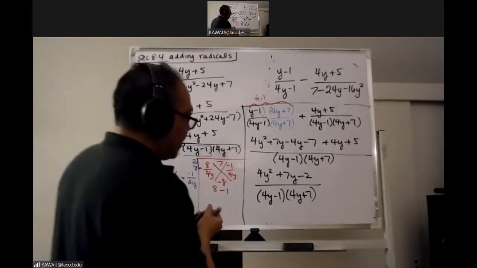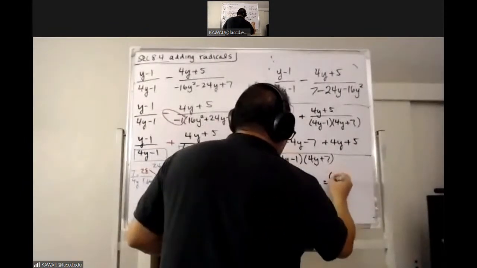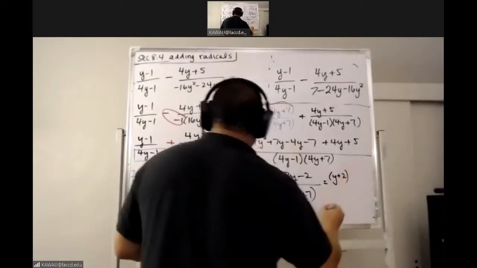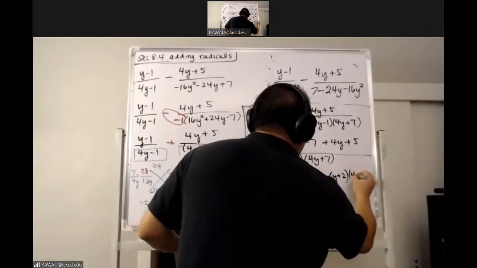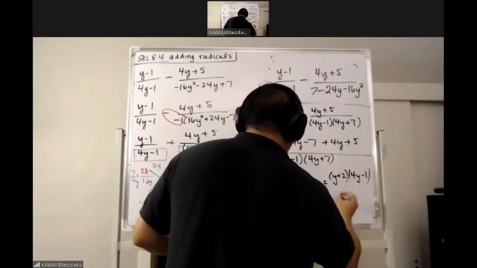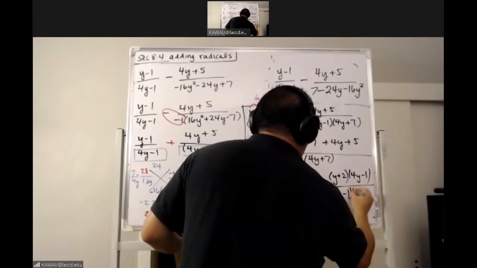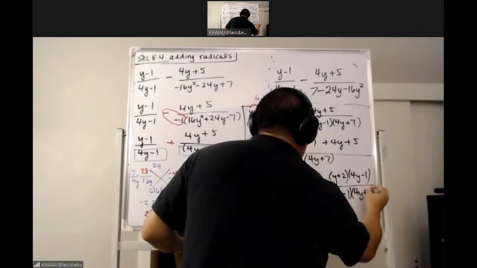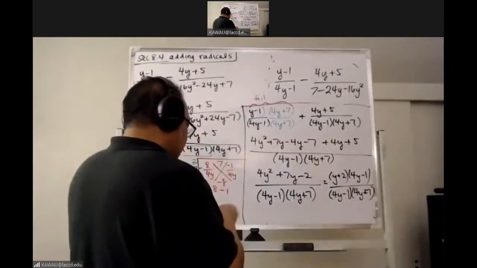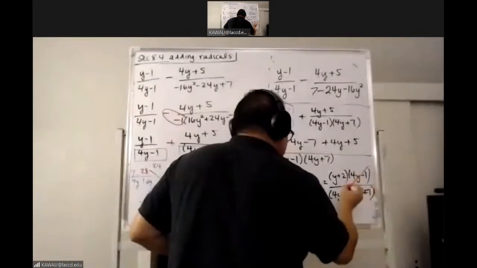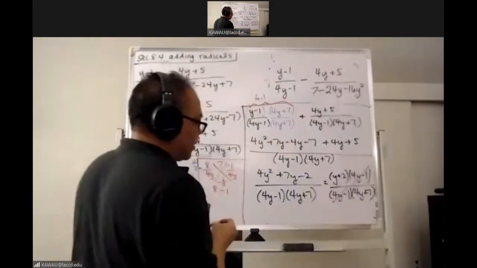So now I have y plus 2 over 4y minus 1 all over 4y minus 1, 4y plus 7. And then when I cross these out, that's what I have left.